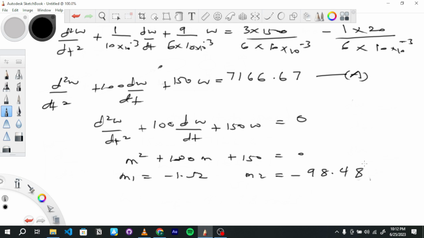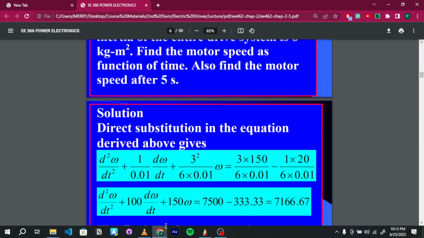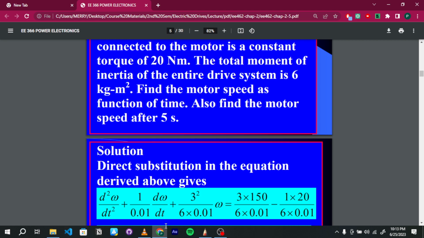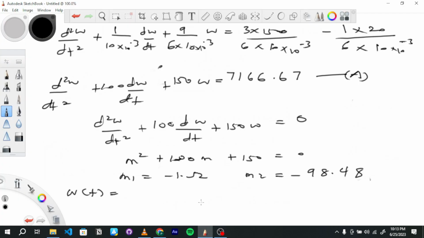So the question says to find the motor speed as a function of time. That means omega of t is equal to the final value omega f plus A e to the m1 t plus B e to the m2 t.